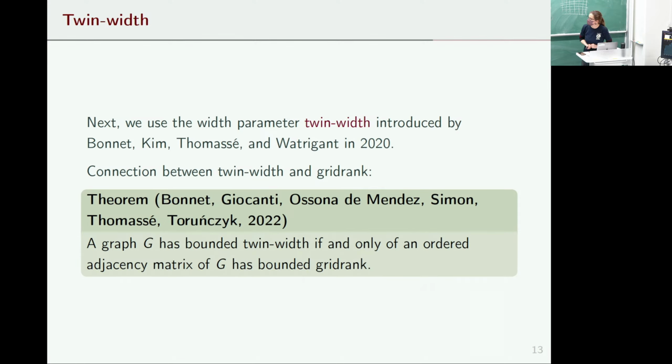If you have small grid rank, you must have small twin width as well. Yes, that one direction is correct, and that is the one we use. I'm very sorry if the precise statement here is wrong, especially to the twin width people. It's probably just the if and only if part that is wrong, but the correct implication holds.